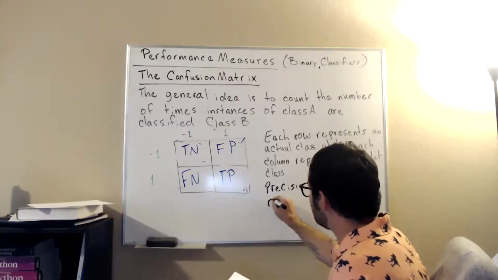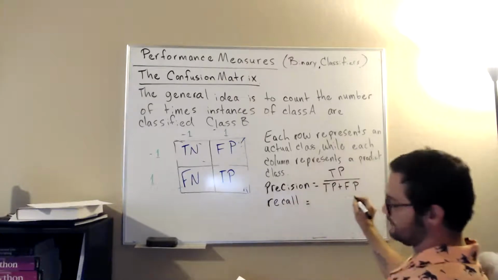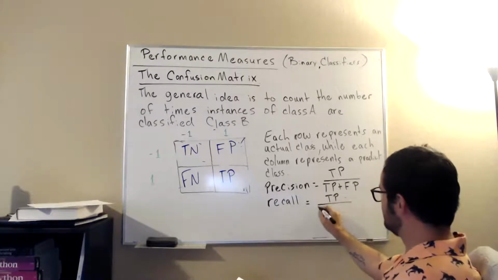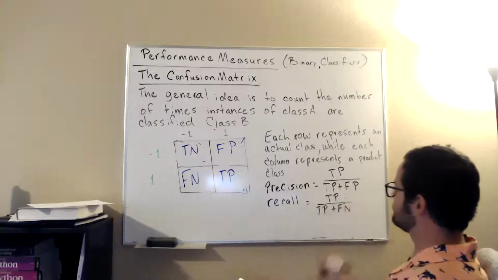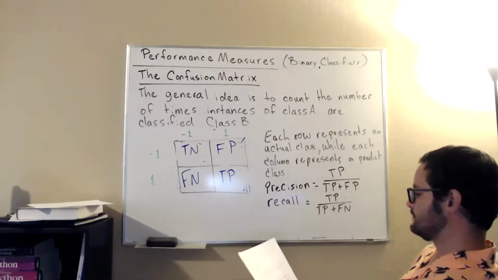And then our recall measure is going to be the true positives divided by the true positives plus the false negatives. That's our recall measure. Okay?